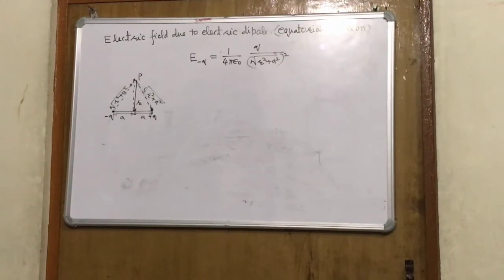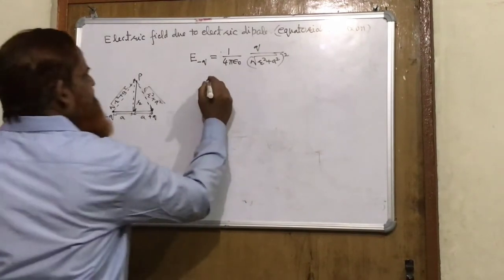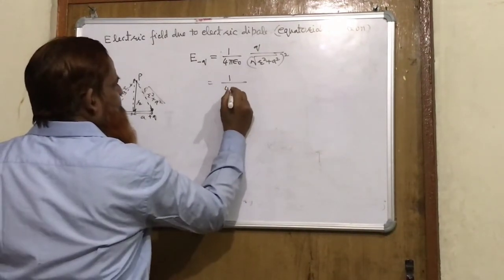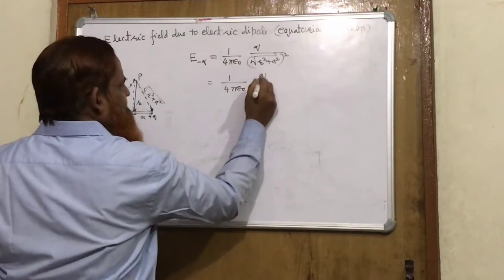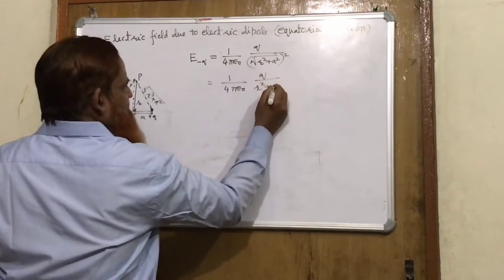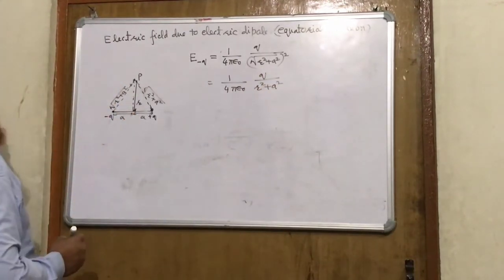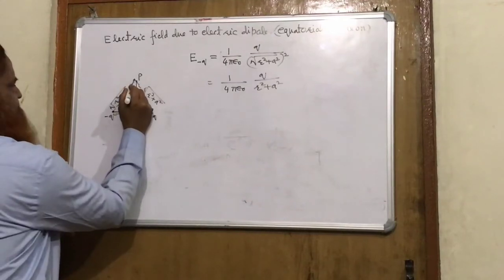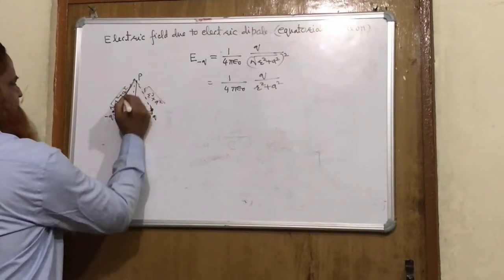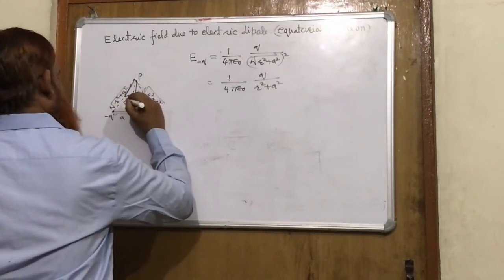Here the distance is root of R square plus A square. So it will be 1 upon 4 pi epsilon naught Q upon (R square plus A square). The direction is towards the negative charge, so it will be in this direction as shown in the diagram.